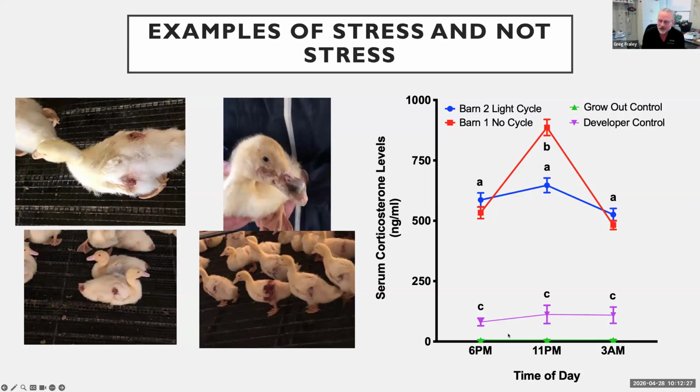Their baseline was significantly higher than the meat ducks, but again, very low levels. So if we look at this purple line compared to the green, and that was the only thing we were looking at, a lot of people would say, "Oh my gosh, these developers are stressed." No, they're not. By all other measures, behavioral, physiological, these were very happy birds.